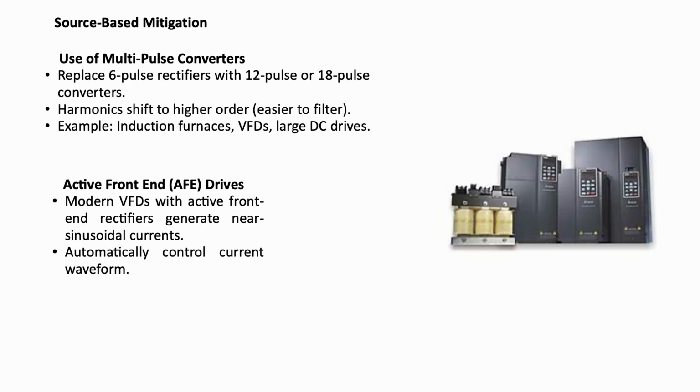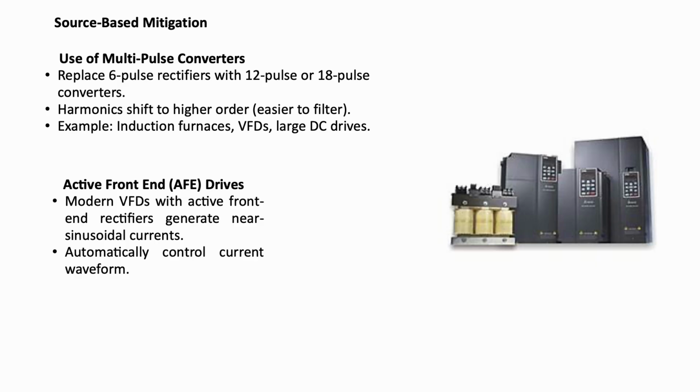And the next is phase shifting transformers. Another effective method is using phase shifting transformers. By supplying power through transformers with phase shifts like plus minus 15 degrees or plus minus 30 degrees, harmonic currents from different loads get phase cancelled. This technique is often used in systems with multiple rectifiers or large parallel drives.